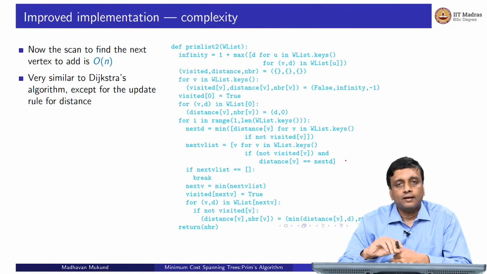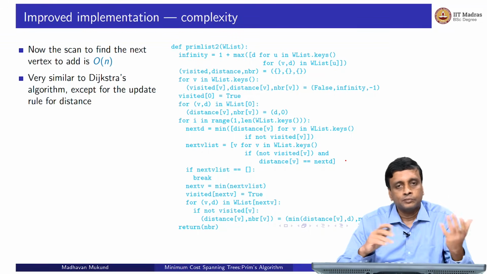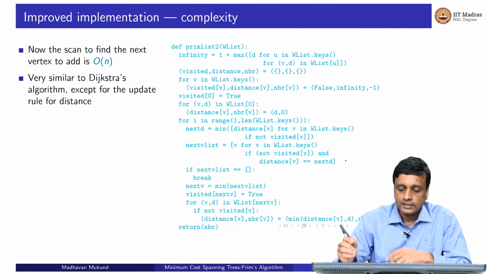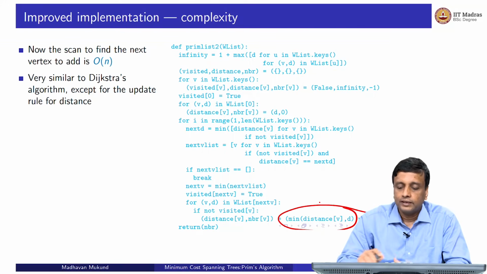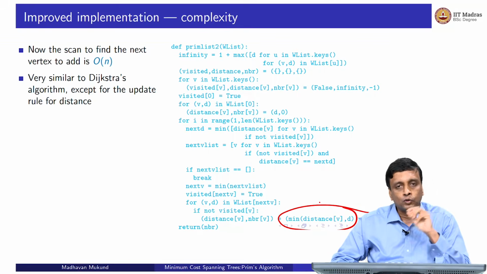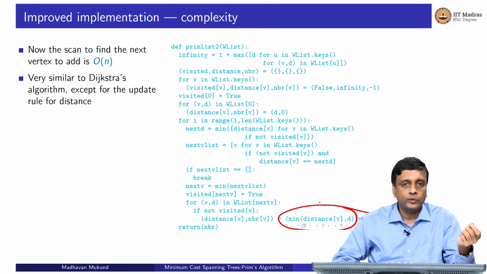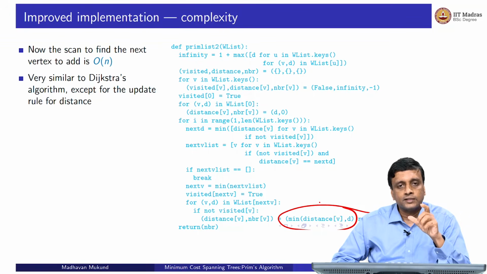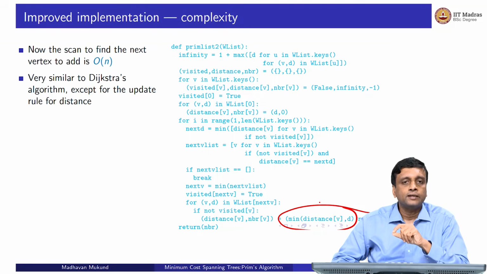So this is very similar to Dijkstra's algorithm. In fact, Prim's algorithm and Dijkstra's algorithm are really more or less the same except for this update operation. Right? In one case, you update the distance to be the distance to the burnt vertex plus the new edge. Here we just take the distance from the burnt vertex, we don't add to it. You just take the distance from the most recently burnt vertex to the tree, to this vertex.